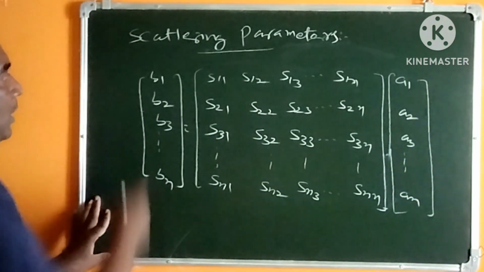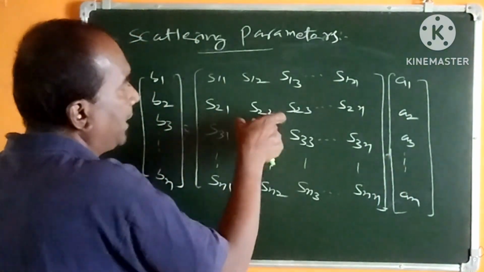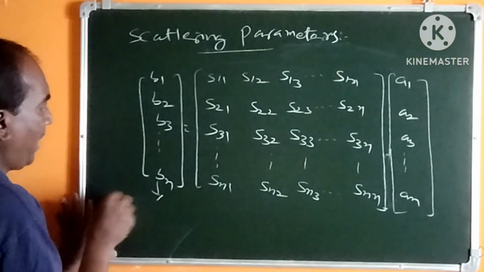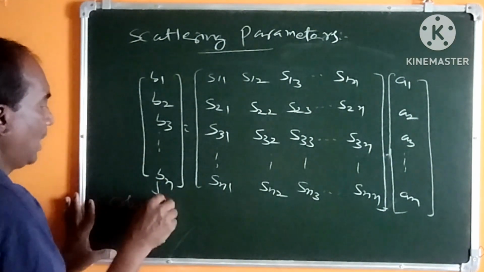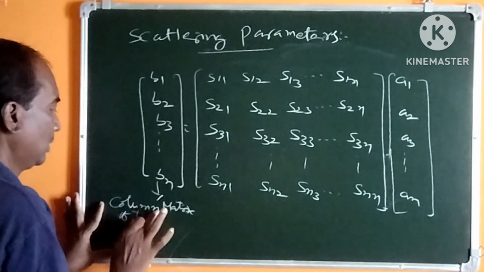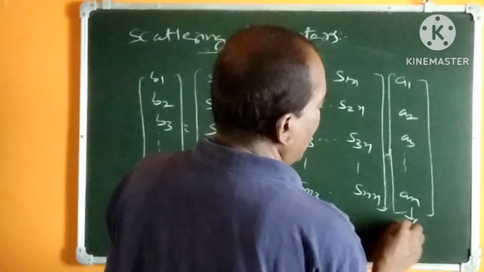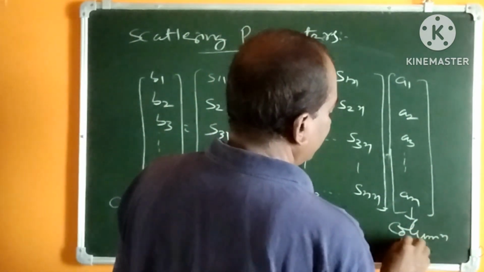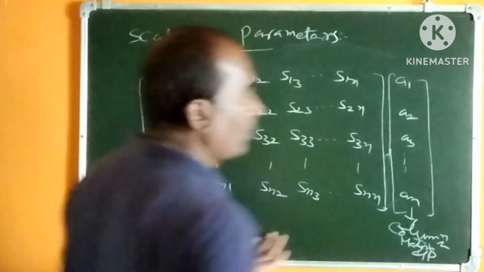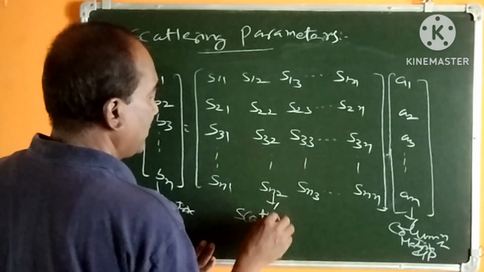Okay, where B is the output, A is the input, and S is the scattering matrix. So it is the column matrix of the output, and this is the column matrix of input, and this one is called the scattering matrix.